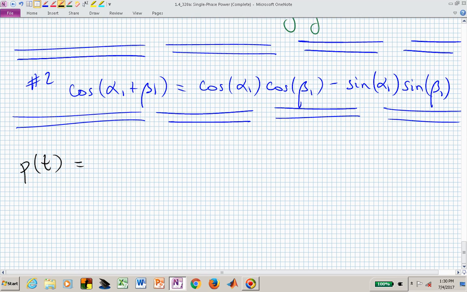The first two, and then we split the second of those two pieces into two pieces, so we end up with three separate parts to this instantaneous power. The first one is 1/2 V max I max cosine theta sub v minus theta sub I. That's the constant piece.